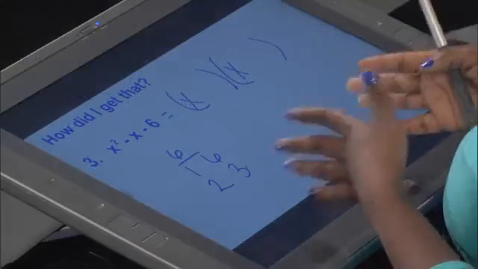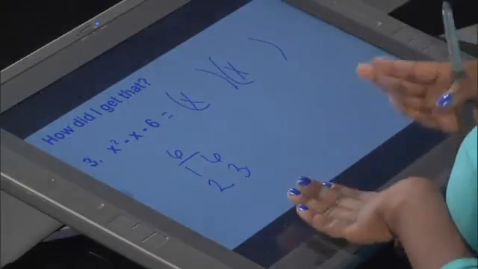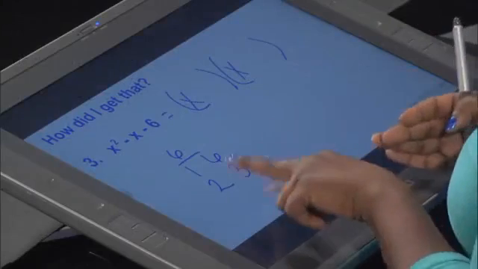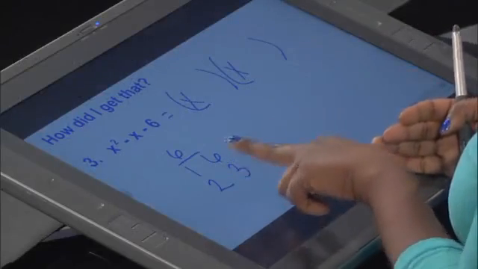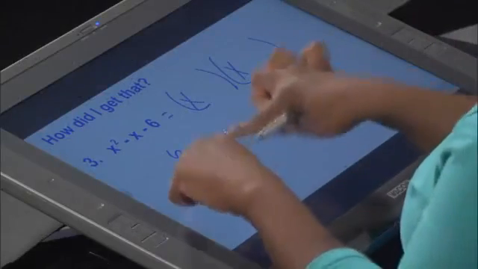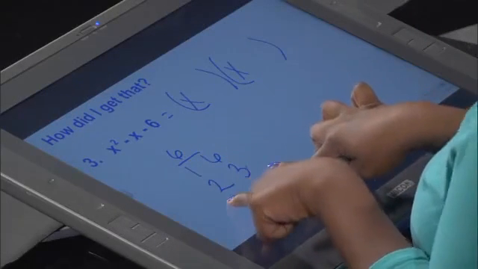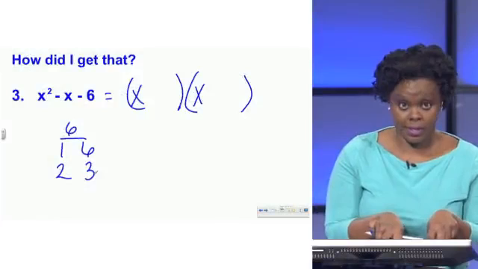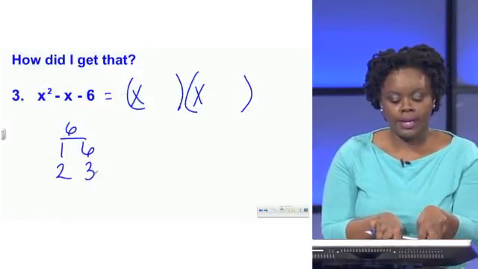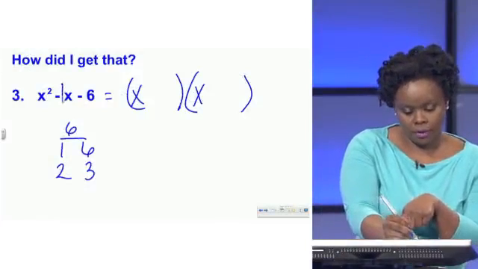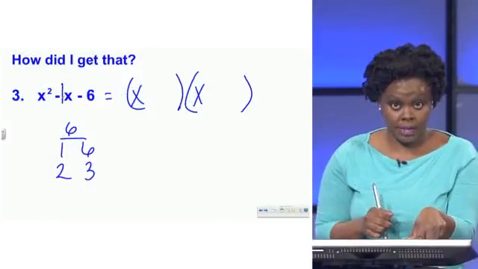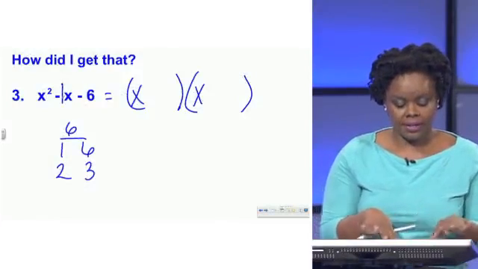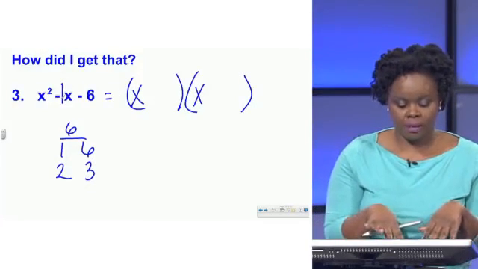So I know when I'm finding a product, the only way that my product is negative is if my factors were a positive number and a negative number. So that means that one of these numbers is going to be negative for the pair that I need. I just have to figure out which number it is. Well, you're trying to combine and get a negative 1. Just remember, there's a 1 there you don't see. So you can just start playing around and see which pair is going to give you that negative 1.